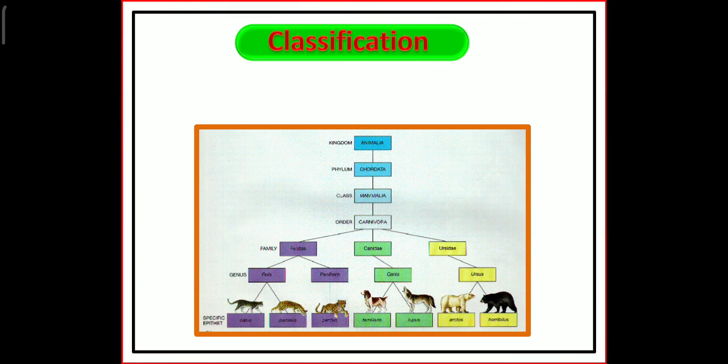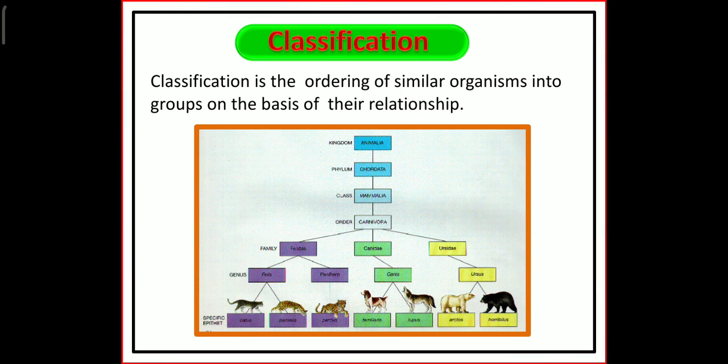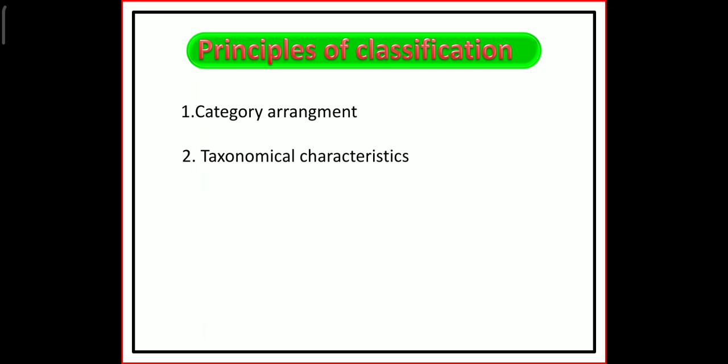Now the classification. Classification is the ordering of similar organisms into groups on the basis of their relationship. Principles of classification: category arrangement, taxonomical characteristics, nomenclature, preservation, and identification. These are the principles of classification. Category arrangement.